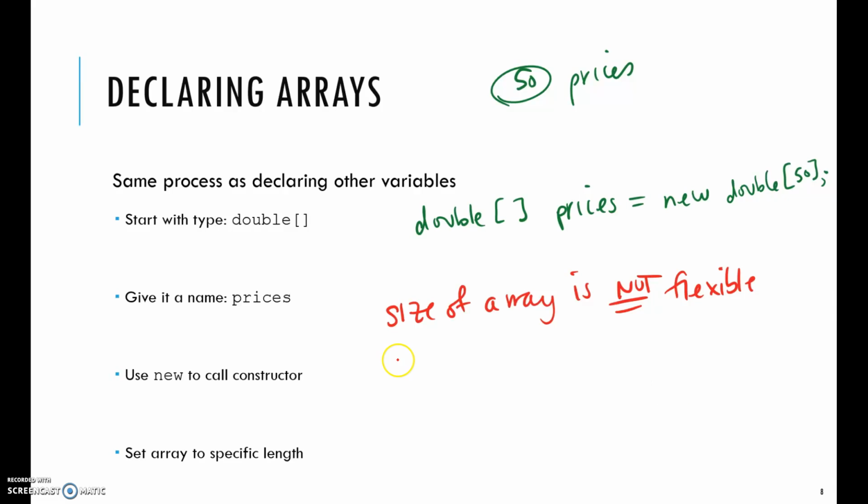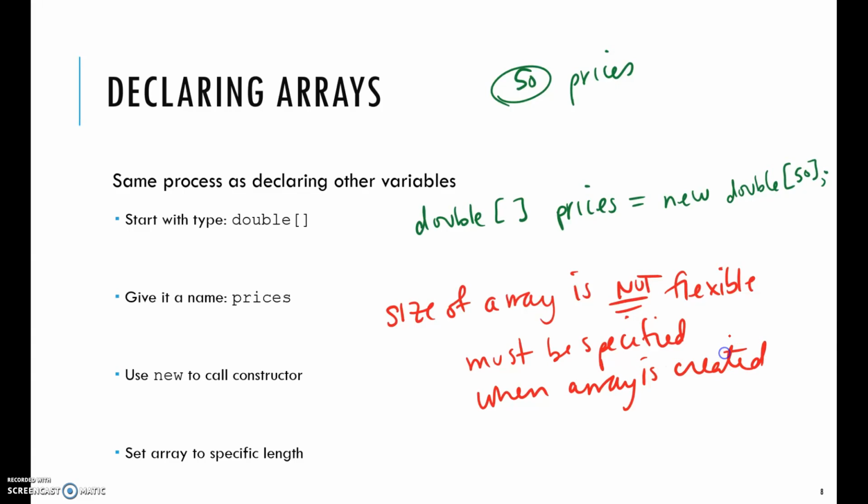And it is not flexible, and it must be specified when the array is created. So you can't just say, oh, hey, I'm going to have an array of, I don't know how many elements. You have to know. So if you're not sure how many to put in there, make it bigger than needed because that's easier than running out of space.